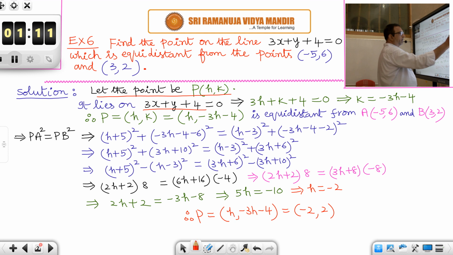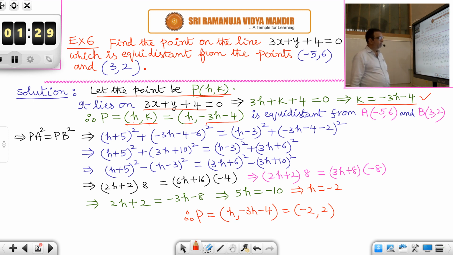From this, k equal to minus 3h minus 4. Therefore, the point P, h is h only, but in place of k I can put this value, minus 3h minus 4. So the point can be taken as h comma minus 3h minus 4.